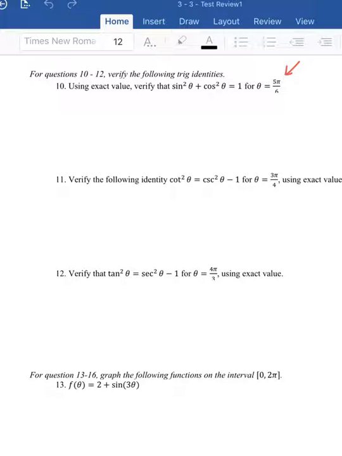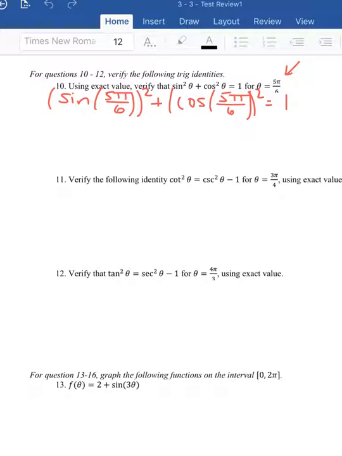So here, you're going to type in into your calculator the sine of 5 pi over 6. And then whatever you get, you're going to square it, plus the cosine of 5 pi over 6. Whatever you get, you're going to square it, and it should be equal to 1. So you need to use exact values.